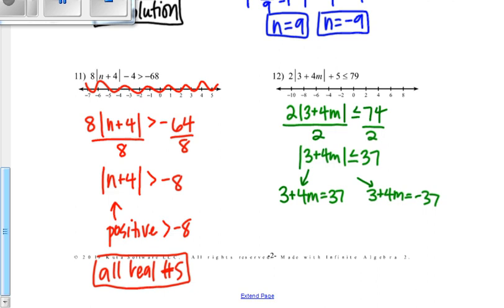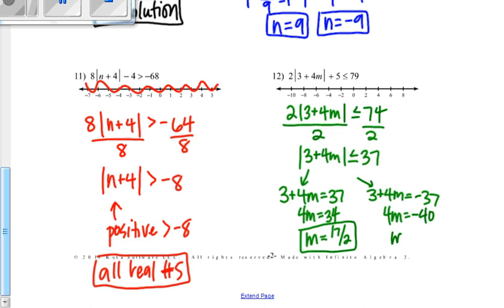So I'm going to subtract 3 from both sides. So 4m equals 34. And then that doesn't divide evenly if I divide both sides by 4, but I can simplify that. And I get 17 over 2. Over here, if I subtract 3 from both sides, I get negative 40.